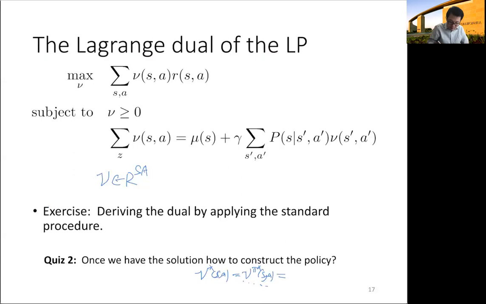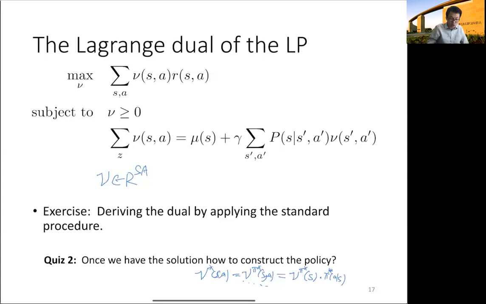It has the same form as that of the joint distribution, in the sense that we can rewrite this as the state occupancy multiplied by π star of a given s.